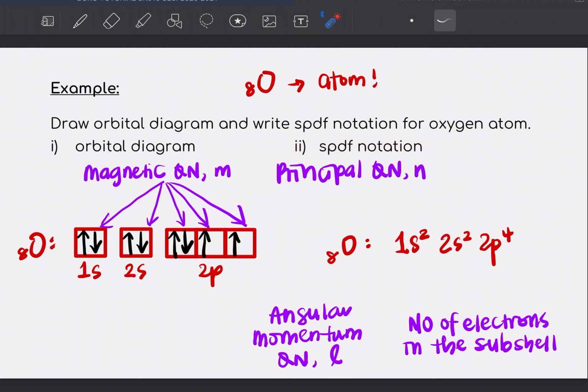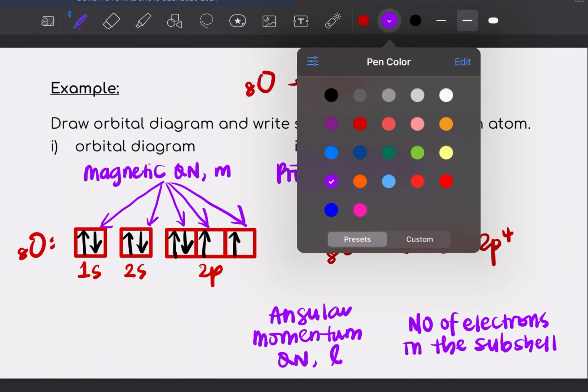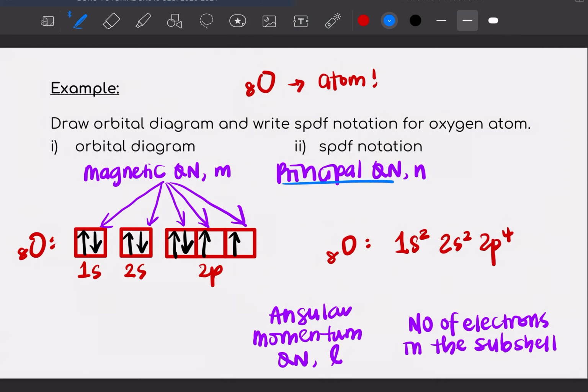The principal quantum number will be your n, your energy level, your shell. So which one will that be? I'm going to use the blue color. This one will be your 1, 2, and 2. So that is your principal quantum number.